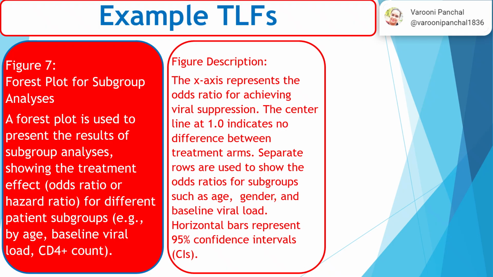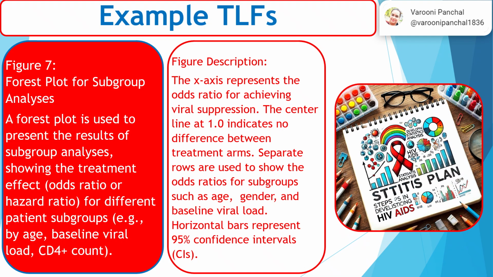Figure description: the x-axis represents the odds ratio for achieving viral suppression. The center line at 1.0 indicates no difference between treatment arms. Separate rows are used to show the odds ratios for subgroups such as age, gender, and baseline viral load. Horizontal bars represent 95% confidence intervals, CIs.